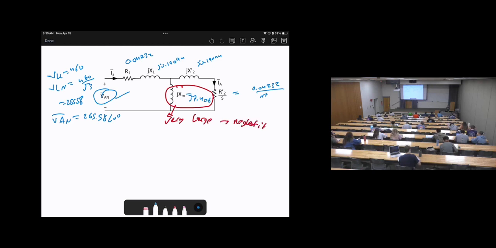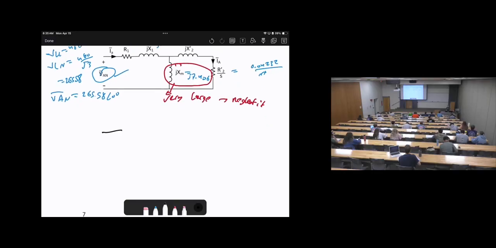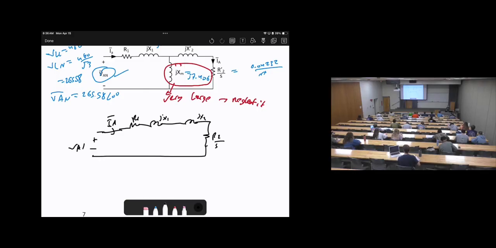So I'm going to redraw the circuit. Here is I_A, then here is R1, jX1, jX2, R2 over S, then here is plus minus VAN.